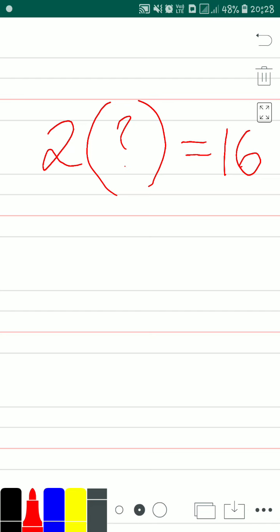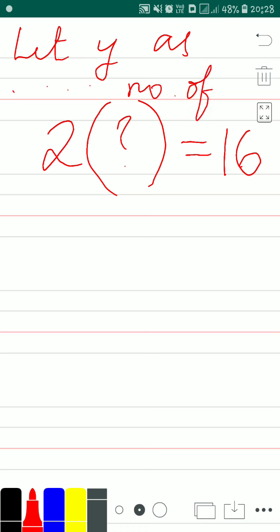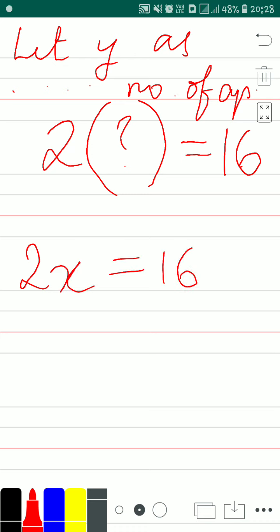Let us consider y as the number of apples. Come on, write it. The number of apples. So now the equation becomes 2x is equal to 16.